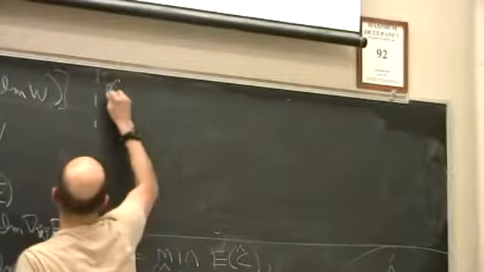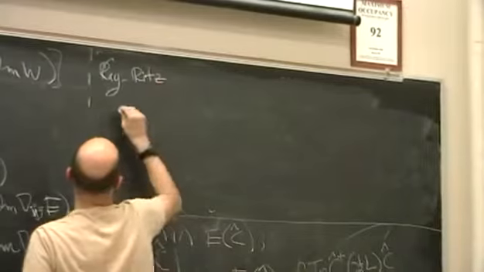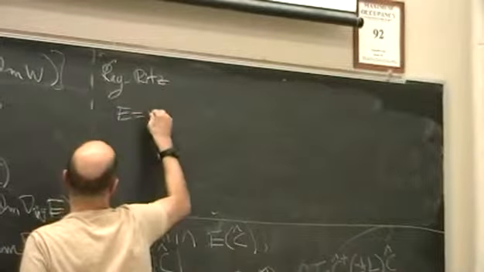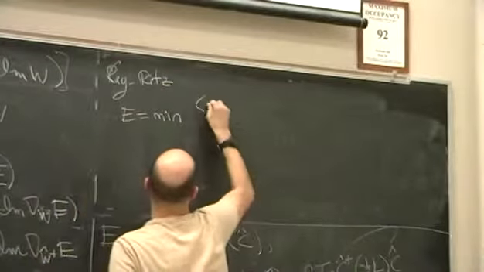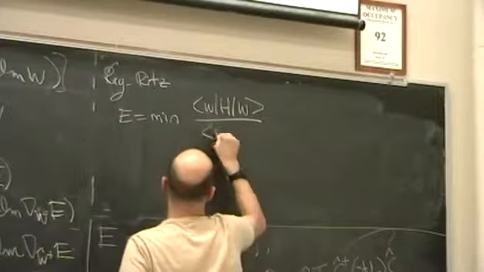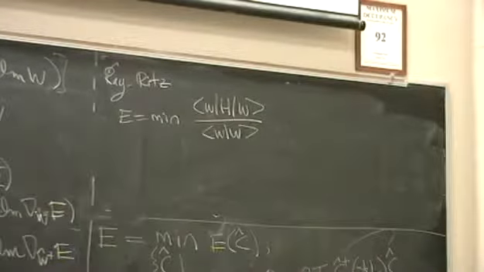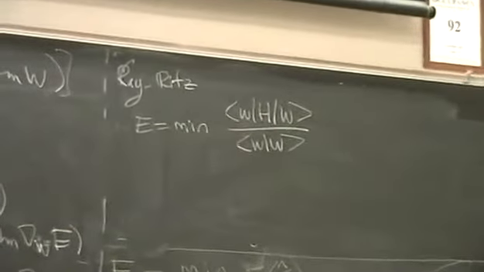So let's check if we got our algebra right. The Rayleigh-Ritz principle says that the energy I get by minimizing over these unconstrained wave functions is this ratio. Then they never really quite explained it to you.